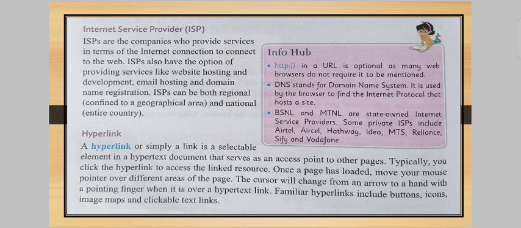The cursor will change from an arrow to a hand with a pointing finger when it is over a hypertext link. Hyperlinks include buttons, icons, images, maps, or clickable text. So mainly, a hyperlink is a way to go to another web page by clicking any type of link.